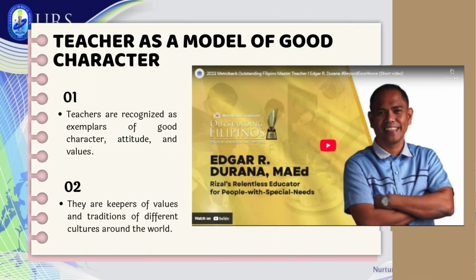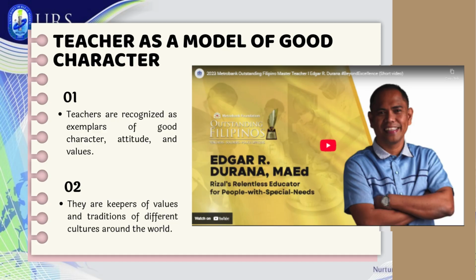Okay, class, this time we would like to see another role of a teacher as a model of good character. Teachers as a model of good character means that educators exemplify the values they teach, such as honesty, respect, responsibility, compassion, and integrity, both inside and outside the classroom.